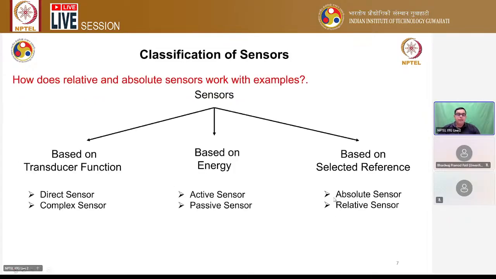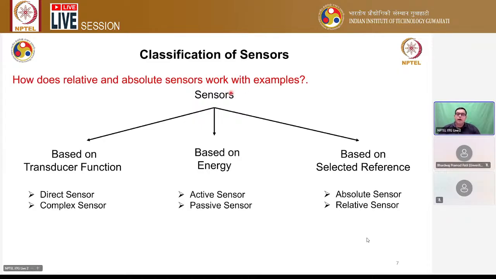Okay. Now let us take another question, which is, how do relative and absolute sensors work? We'll see this with one example, and we'll try to see some more examples if time permits.